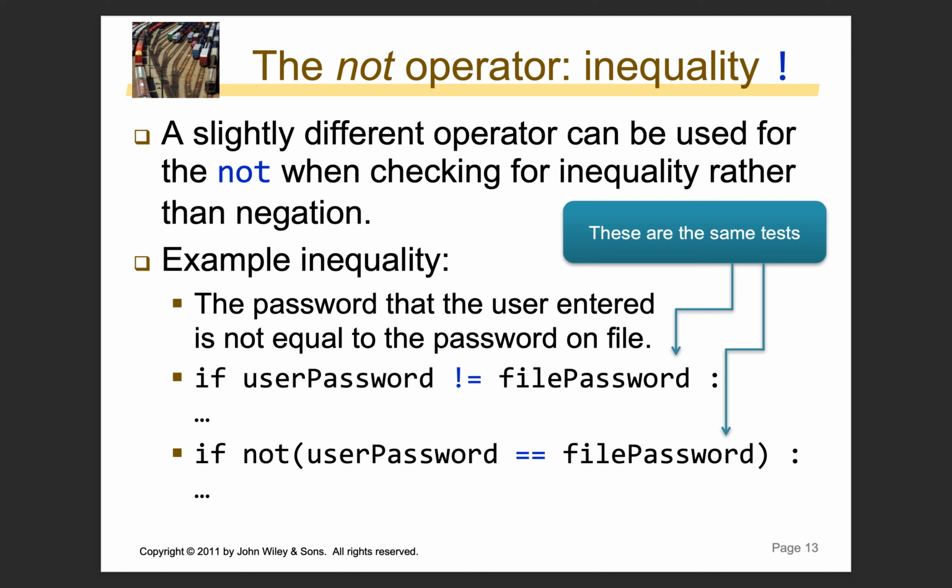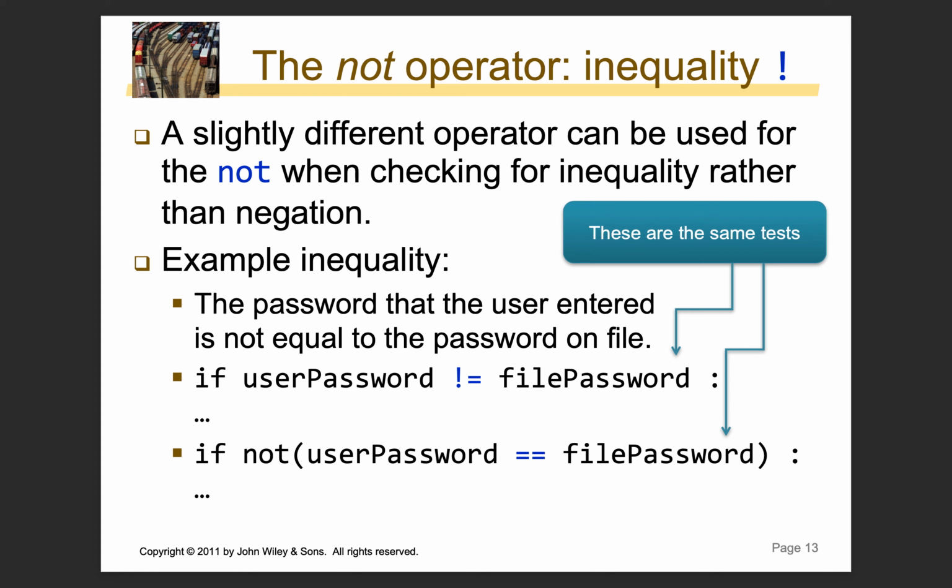A slightly different operator can be used rather than using the not operator when checking for inequality rather than negation. So instead of negating a Boolean operator, we can use an inequality check, which uses the exclamation mark. So we get a user to enter in a password, and we want to check whether or not the password they've entered is the password we have on file, right?